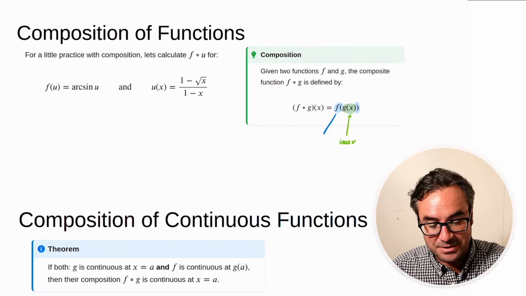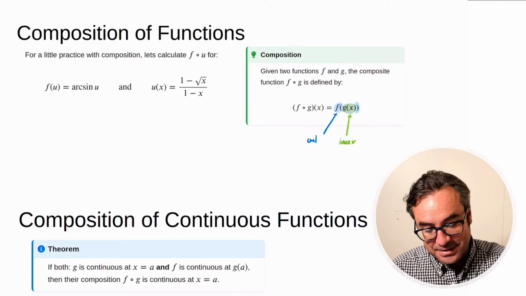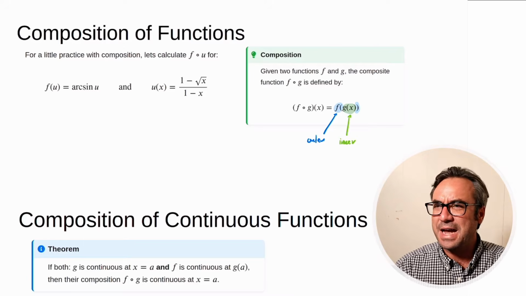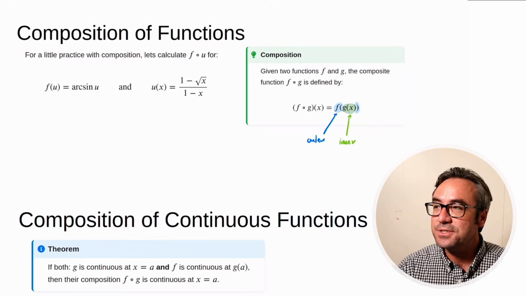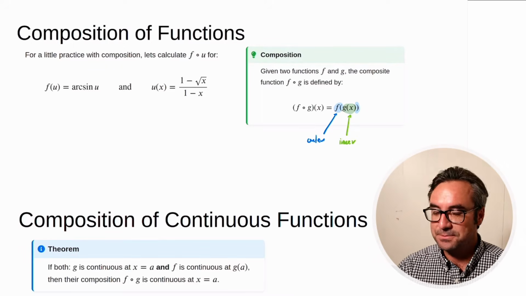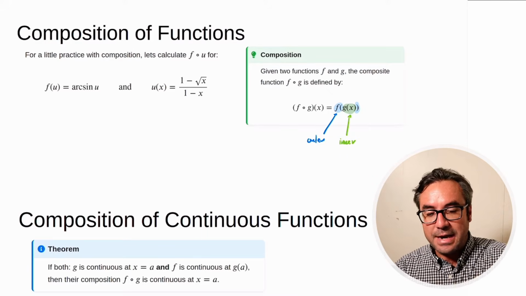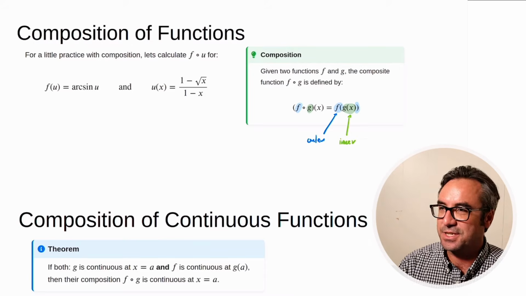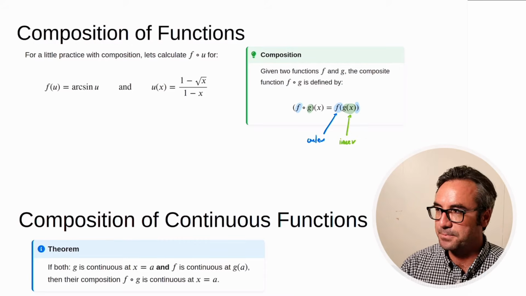So big surprise, that's the thing that happens on the outside. So you can think of composite functions almost as layers. There's different layers to your function. Now in the notation, the outer function is what we write first. The inner function is the one we write second, just in that little terminology.